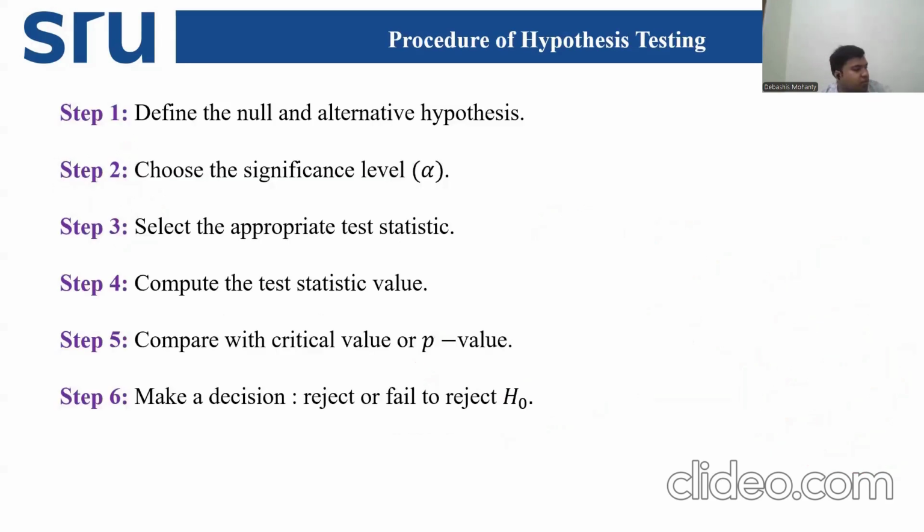Next, this is the most important thing we have to follow to solve any kind of problem. This is the main procedure of hypothesis testing. We have to understand how we can follow the hypothesis testing procedure. In the first step, define the null and alternative hypothesis.